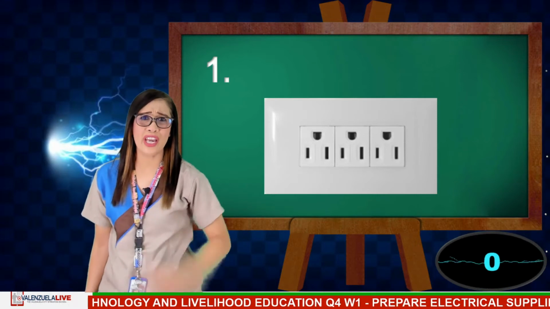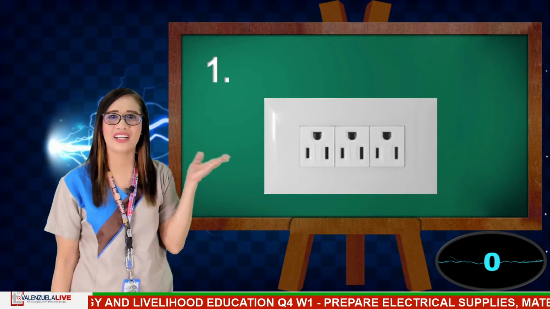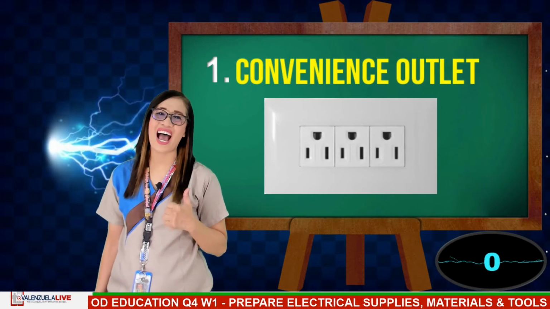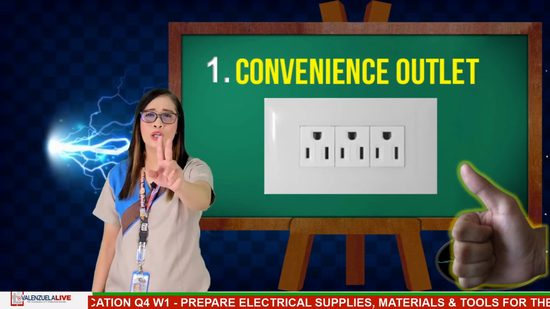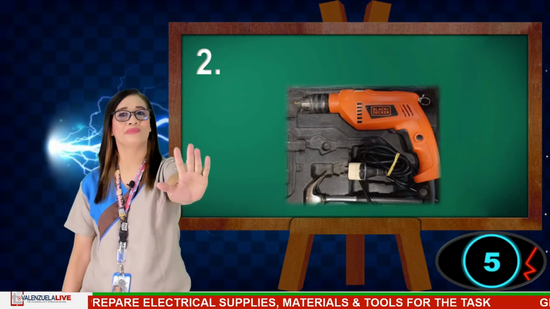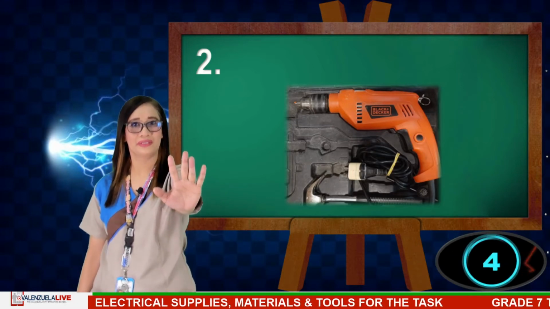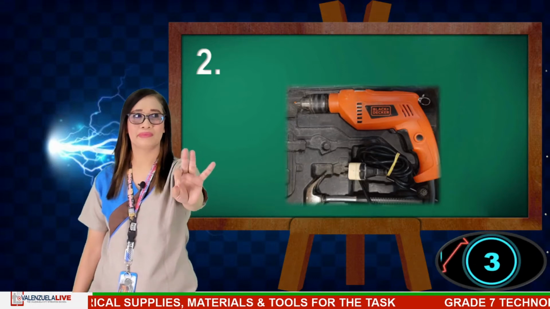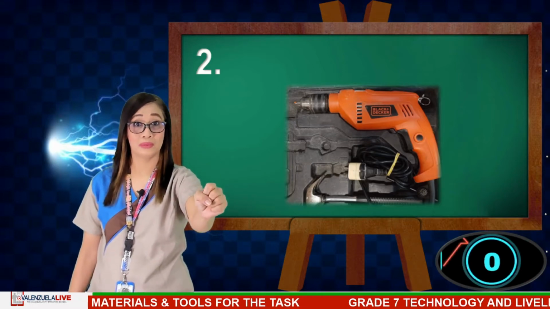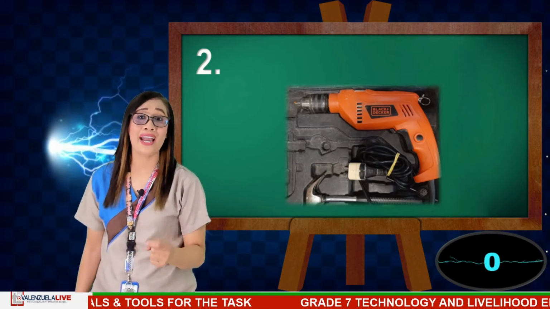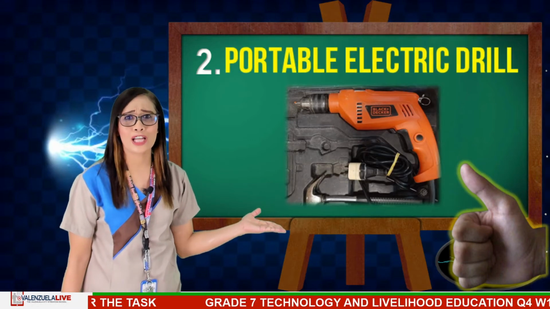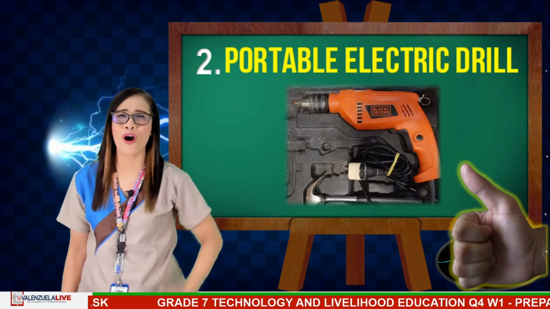Time is up. If your answer for number 1 is convenience outlet, then you got it right. Number 2. Your time starts now. If your answer is portable electric drill, then you're right.